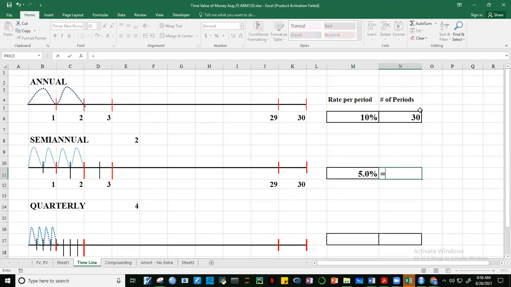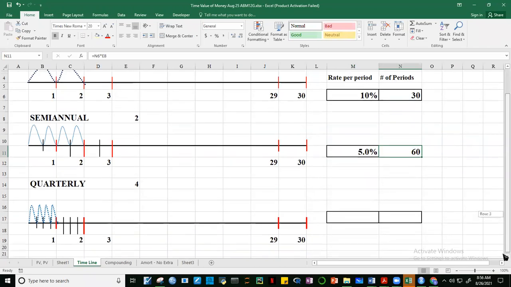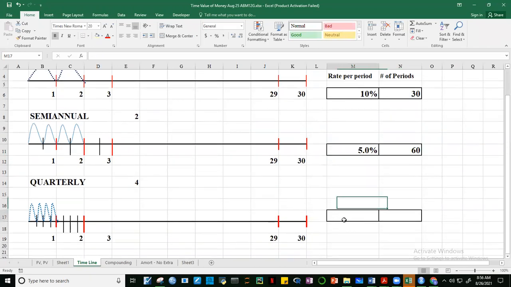And then ito, number of periods 30, and then multiply natin ng 2. Para tapos sa itong worksheet na to. Anyway, in-illustrate ko na naman siya. So this one will be 10%, diba? Divided by natin kung ilan yung compounding niya, 4.